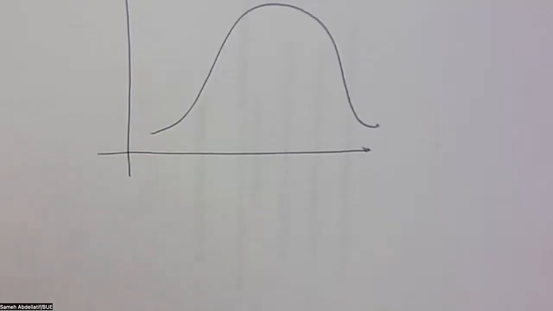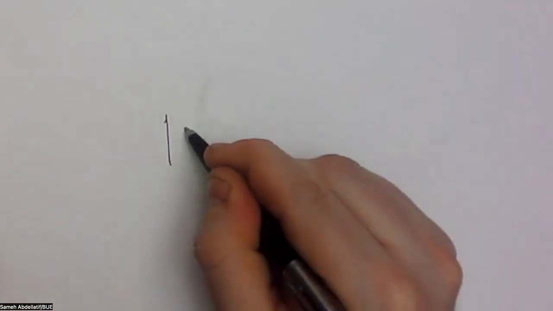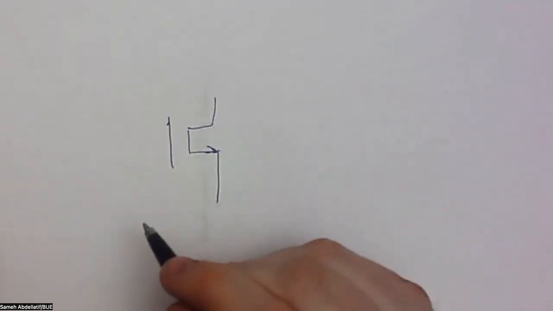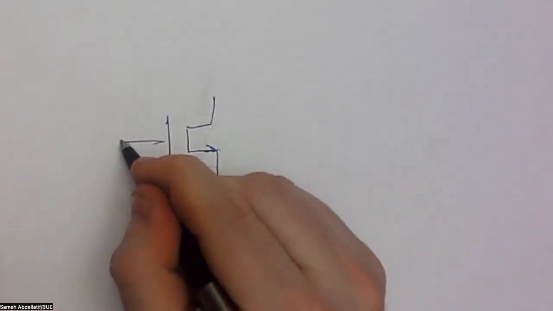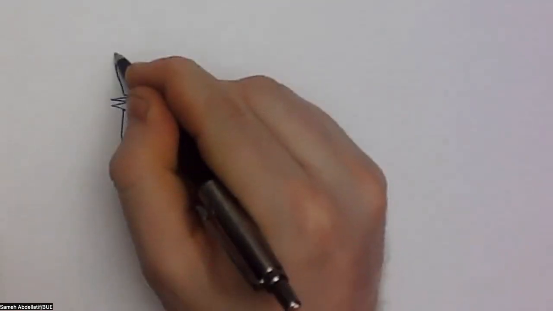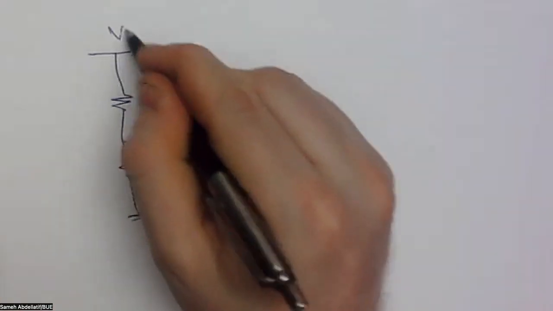So I think that all of you have already worked with the MOSFET as an amplifier. I think most of you have seen this circuit before, where we have a MOSFET. Let's say, for example, we have an n channel MOSFET, and then we have this resistance for a biasing condition.